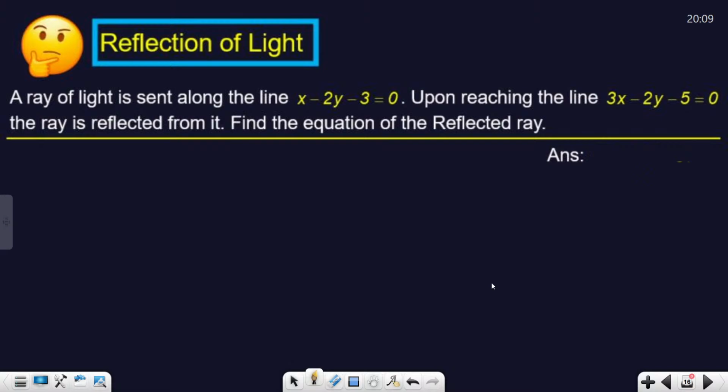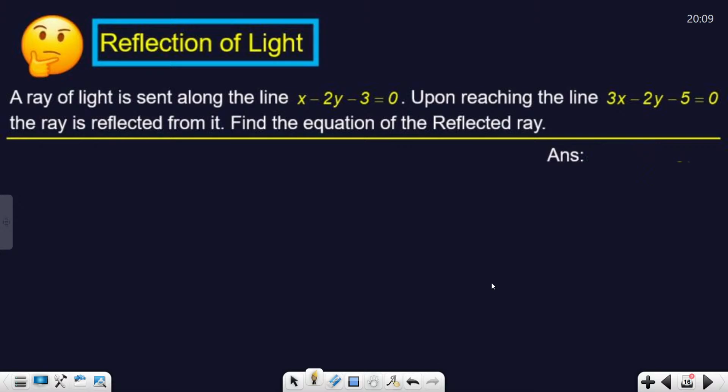Okay, now the most important part we are coming to is what is called reflection of light. Okay. So actually our time is over. So what I will do, I will continue this class tomorrow only from this point, reflection of light. It will be a new concept.